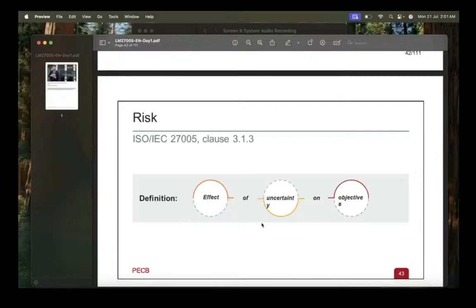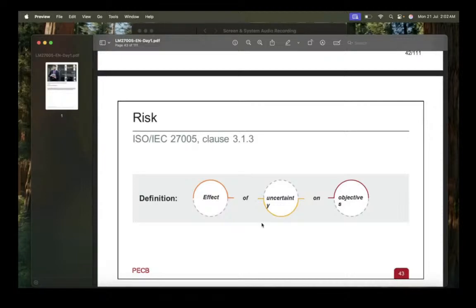Next, we are going to discuss risk, and after that information security risk. So risk, a very simple definition in the form of a chart given here. If you see, risk is the effect of uncertainty on objectives, in very simple language. What is risk? It is the effect of uncertainty on objectives.